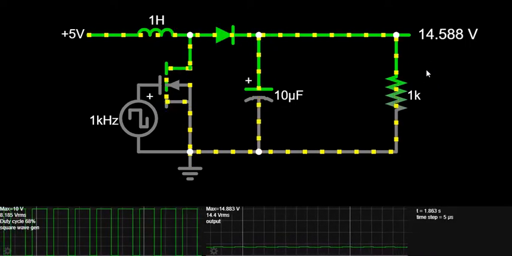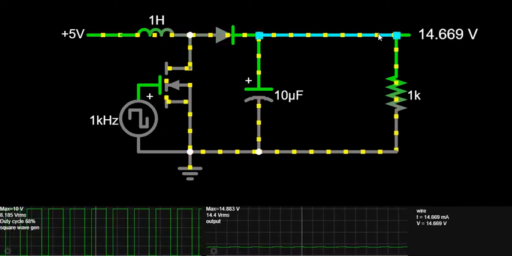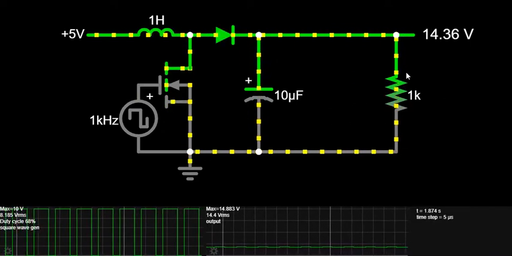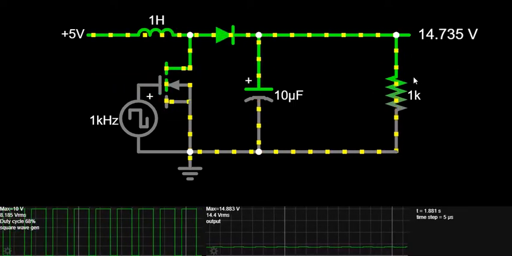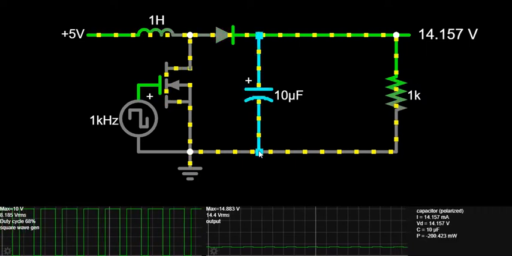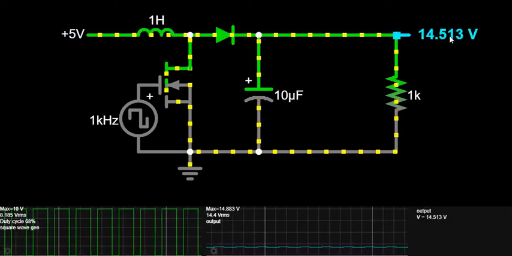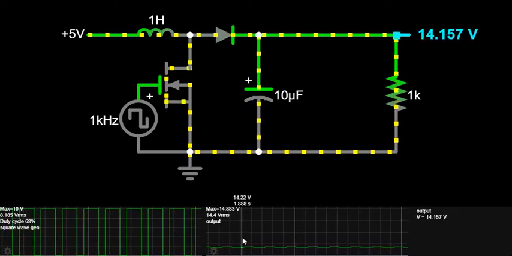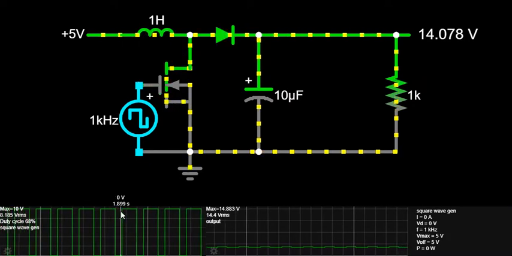You can say that it is also a step up converter, because it always steps up the voltage. You can see here this is 5 volt and this is 14.8 volt something. This is the output voltage, and this is the square wave generator waveform.